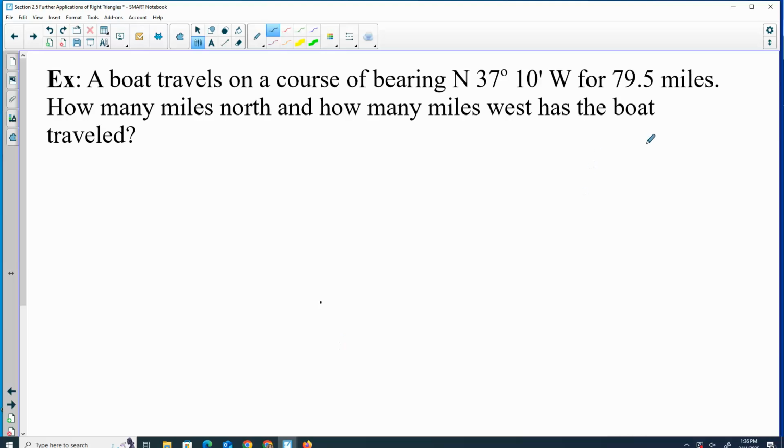So we have a boat. It travels on a course bearing north 37 degrees 10 minutes west for 79.5 miles. If we're going to measure bearing, we have to have a starting point. And what do we have to draw at our starting point?